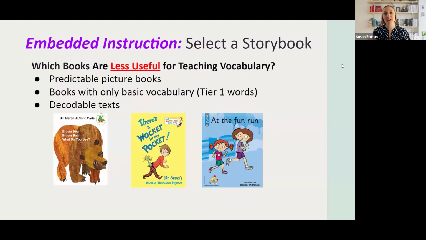Same thing with books that focus on a lot of rhyming, and wonderful phonological awareness teaching can happen there, but you're not likely to find the right types of words. And decodable texts, again, are great for practicing newly learned sounds and practicing decoding, but likely won't be useful for vocabulary.